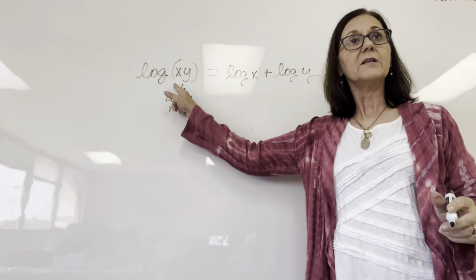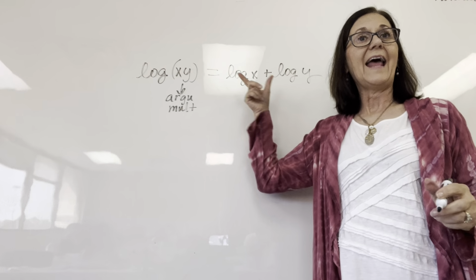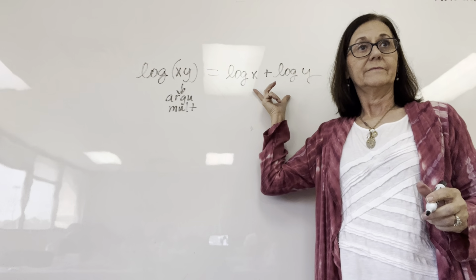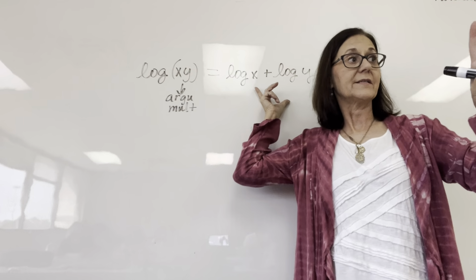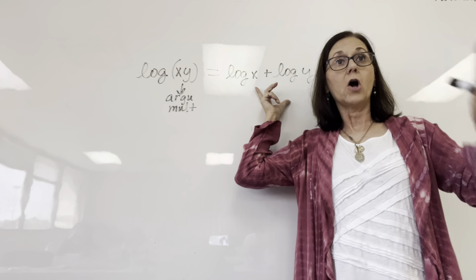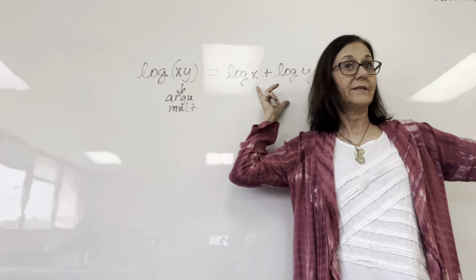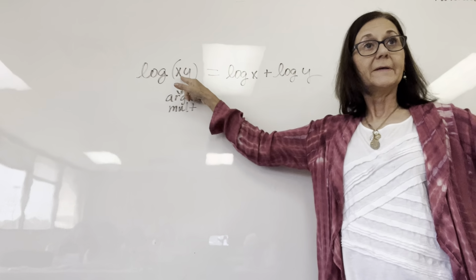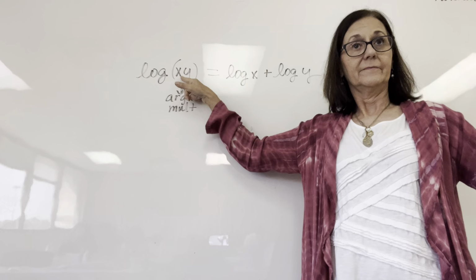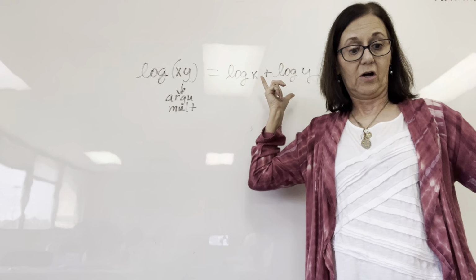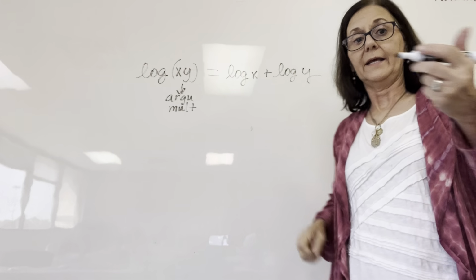When the arguments are multiplied, you can add the logs. It is not that when the logs are multiplied, you add the arguments. That is not what it is. Multiplication here is addition of the logs. Got it?